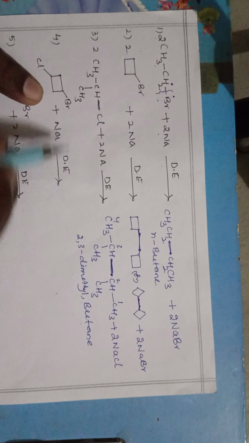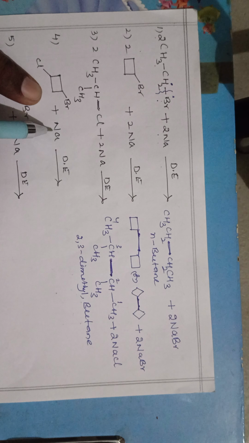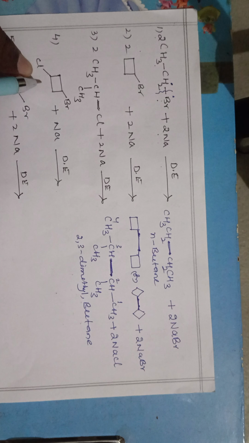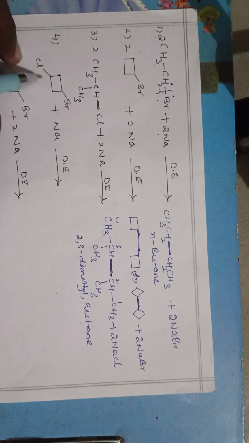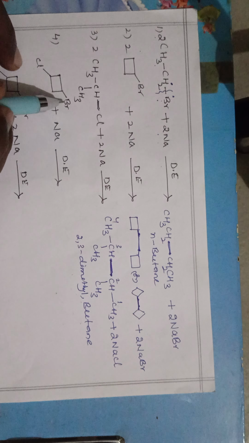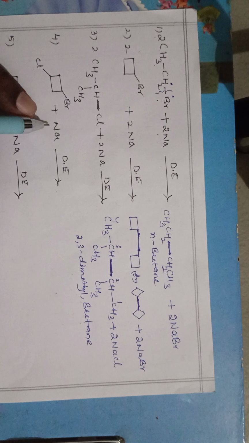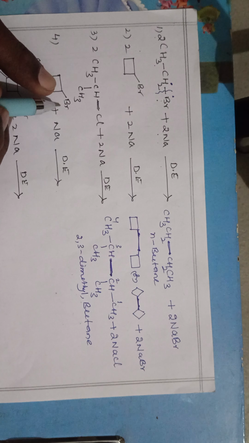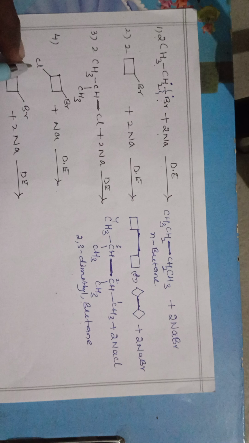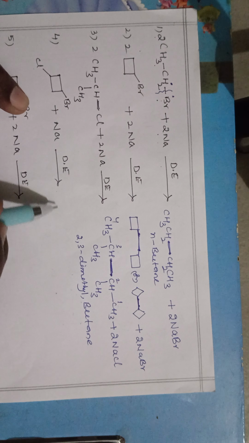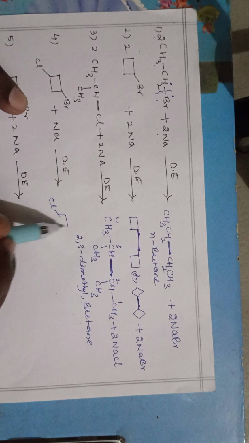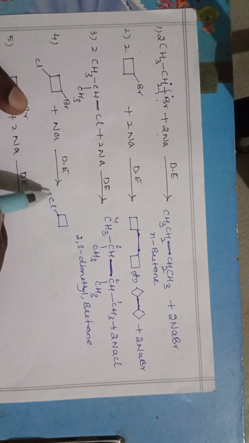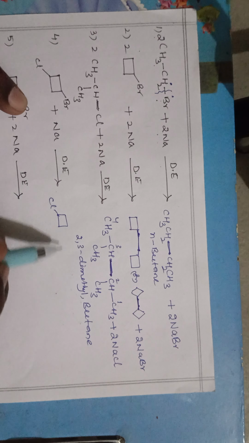Again here, see guys, when sodium reacts with this compound, 2 different halogens, bromine and chlorine, are bonded. But between these two, which reacts first with the sodium? Bromine is more reactive than chlorine. That's why bromine reacts first.